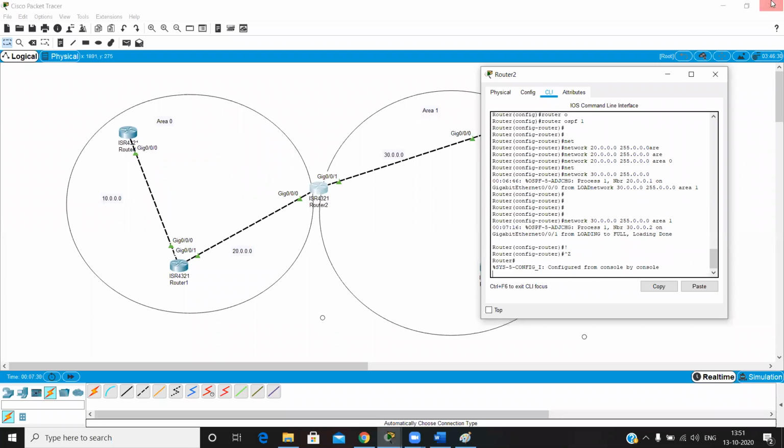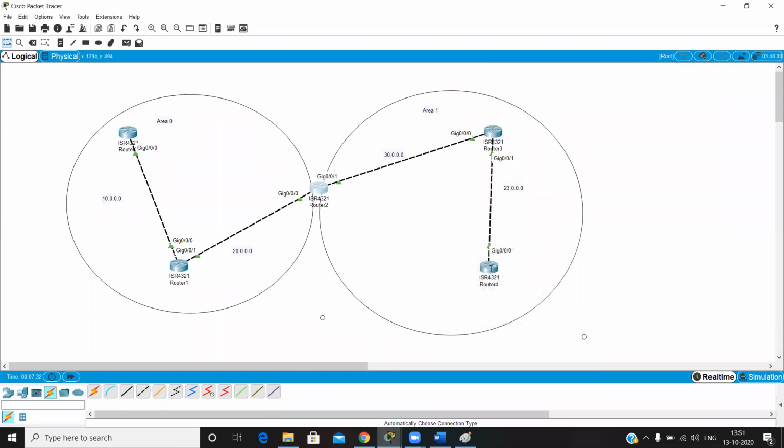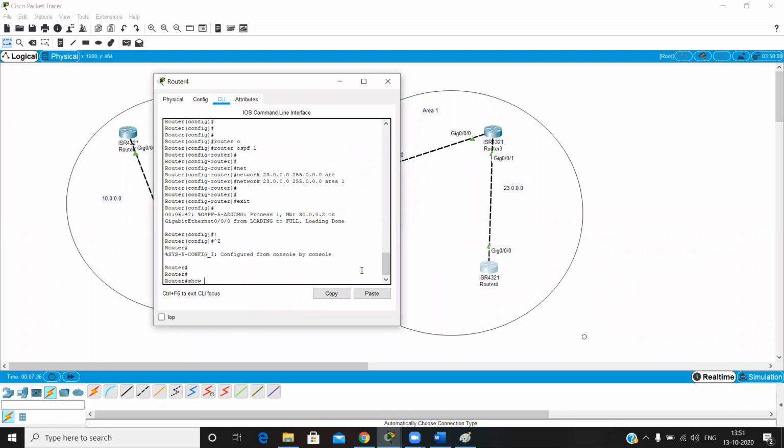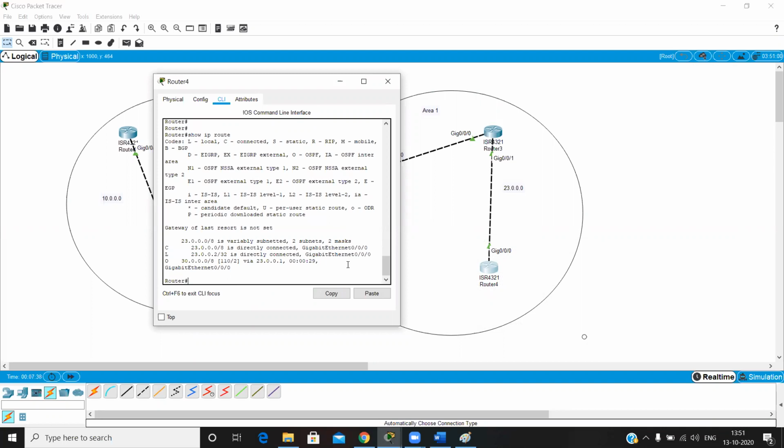Now you can see, go on any router and you can check this with show ip route.